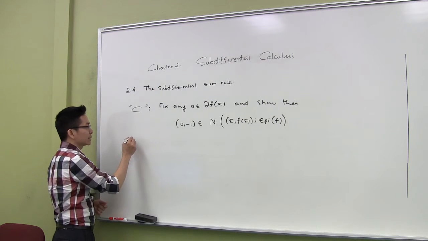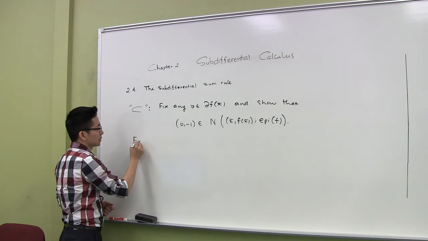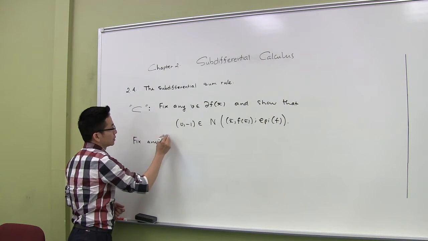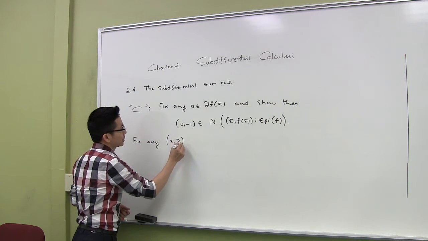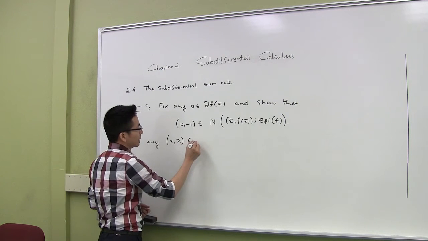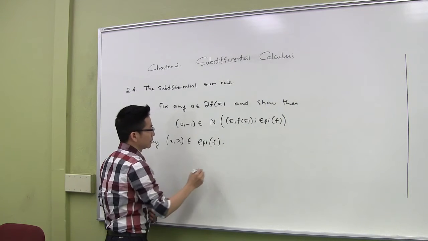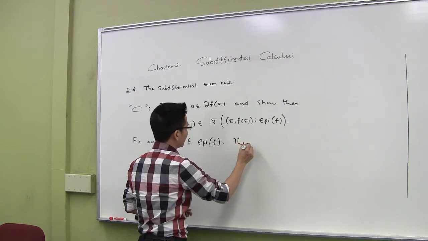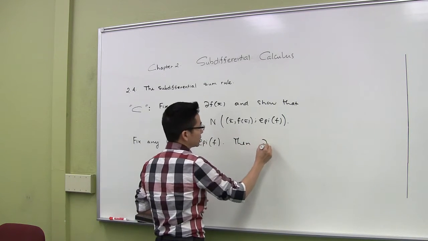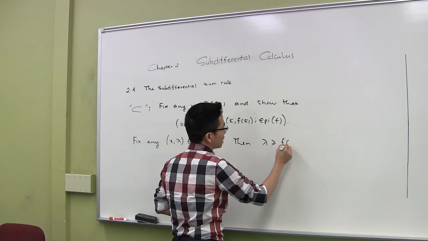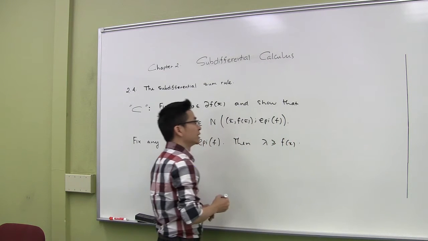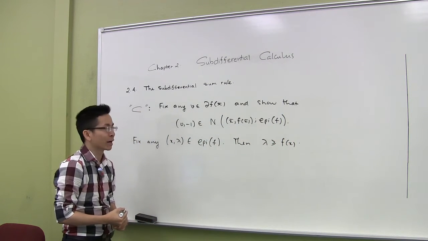So fix any (x, lambda) in the epigraph of the function. Then lambda is greater than or equal to f(x) by the definition of the epigraph of f.